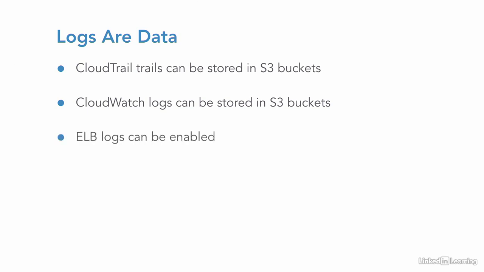If I'm using an ELB load balancer, the logs can be enabled to track all the traffic from that load balancer. If I have networks, specifically VPC networks, I can enable what's called a flow log and capture the flow of network traffic throughout my networks.